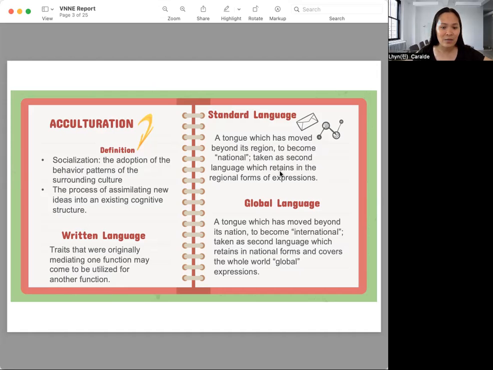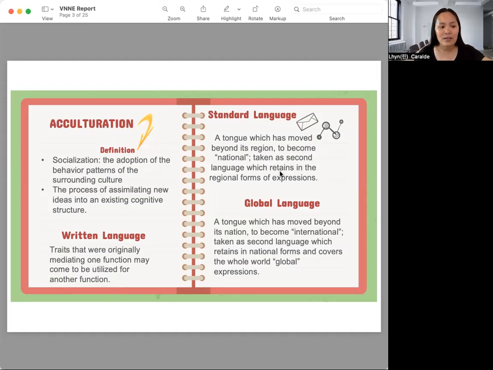We use very formal language for this written. And traits that were originally mediating one function may come to be utilized for another function. As I've said, the right use of punctuation marks is important, because the wrong use will lead to a different meaning.